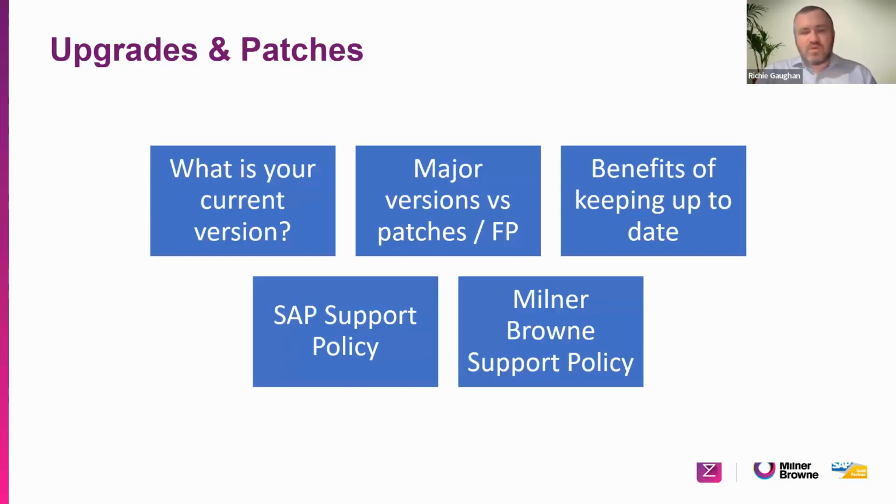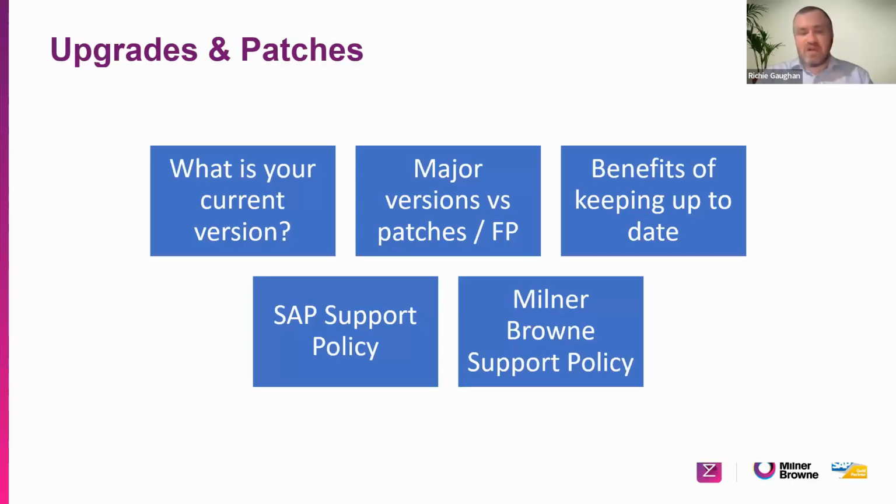Upgrades and patches. So this is really just a simple point to say that they exist, right? Some people will implement SAP and leave it the way that it is because it works for a long period of time. But there are some important principles of upgrading Business One and the patch levels that are released. There are two different elements of this: major versions and patch upgrades, as they used to be called, or now as we call them, feature packs.